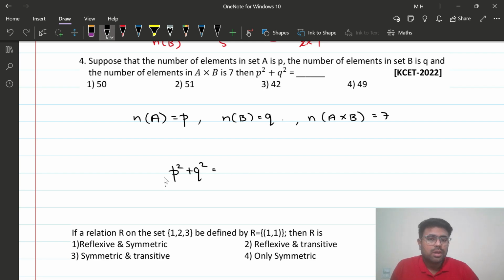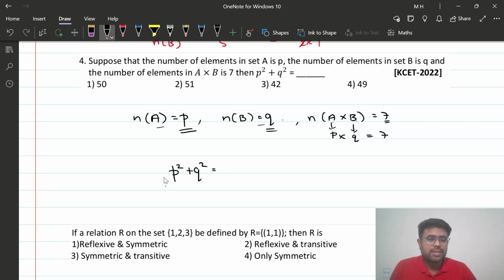Now look, A cross B has how many elements? 7 elements, right? So as I said, if A has m elements and B has n elements, then the total number of elements is going to be m into n. Here A has P elements, which is already given, and B has Q elements, which is already given. So P into Q is equal to 7.